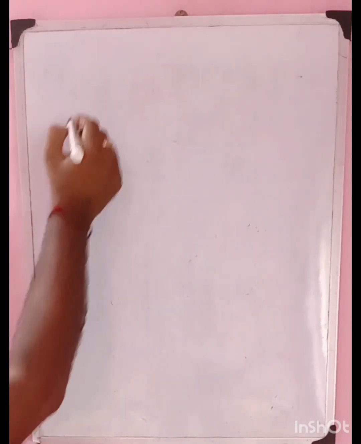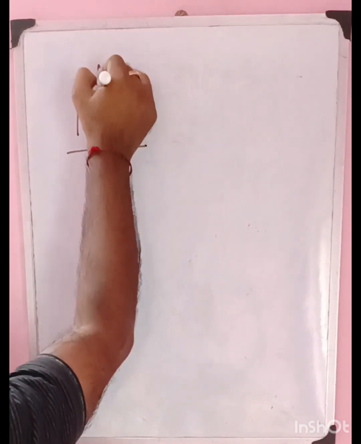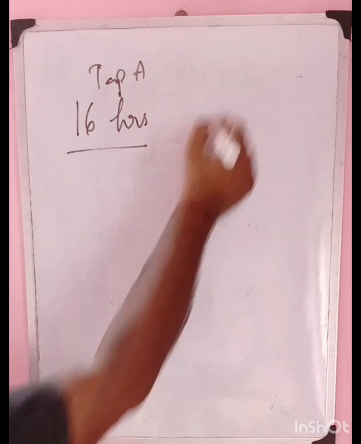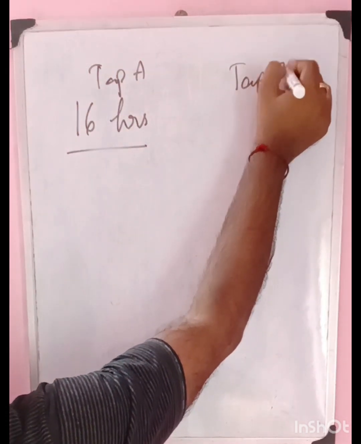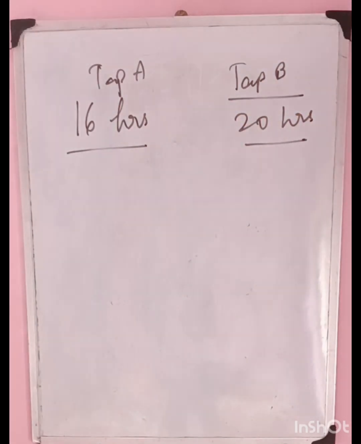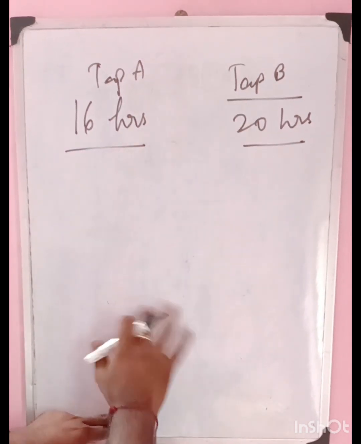Suppose a tank is filled up by tap A in 16 hours and by tap B in 20 hours. What time will it take to fill up the tank if the taps are operated simultaneously?